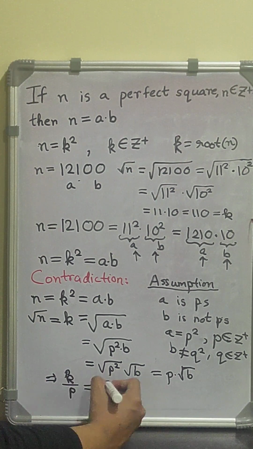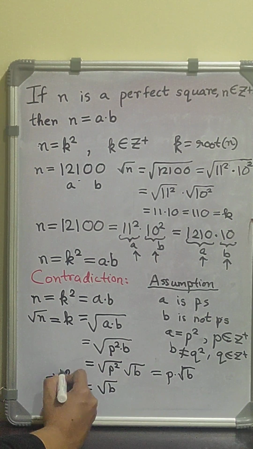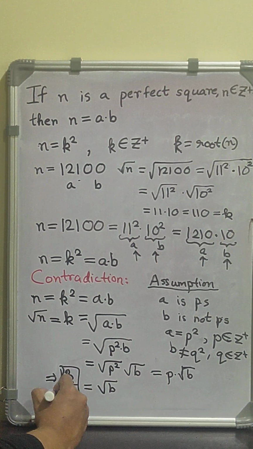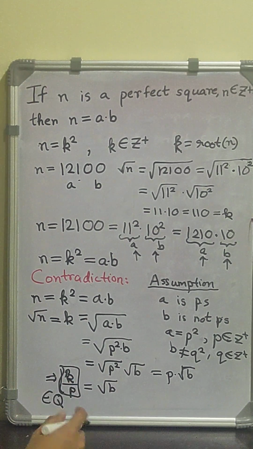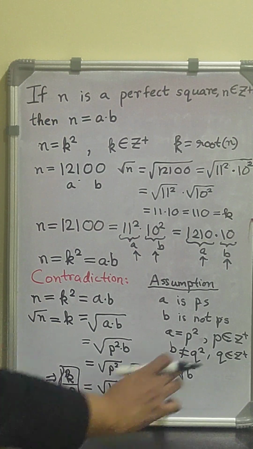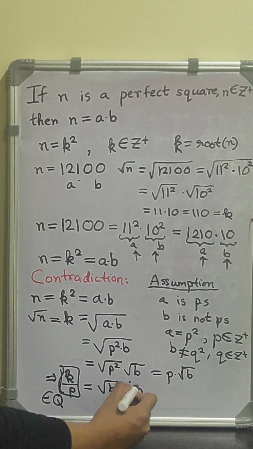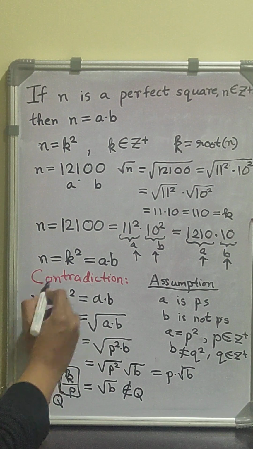So the ratio of two positive integers will belong to the set of rational numbers Q. Whereas on the right hand side, root of b, where b is not a perfect square, will be an irrational number. So it won't belong to the set of rational numbers. This is our contradiction.